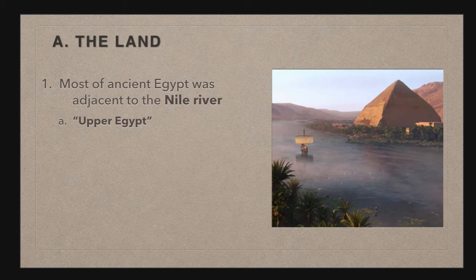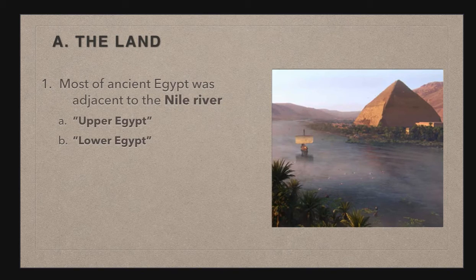Oh, wait a second. Why would you put Upper Egypt in the southern part of Africa? Or, well, I shouldn't say southern part of Africa. Southern part of the Nile. What do you think, Johnny? Yeah, so the Nile River flows northward. It flows toward the Mediterranean.